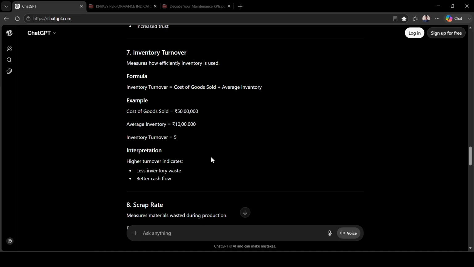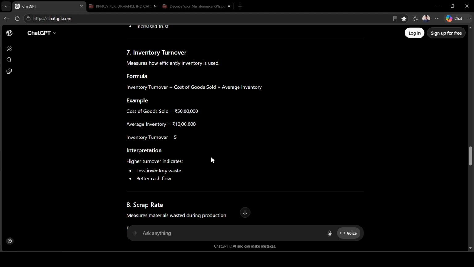Another KPI is inventory turnover. It measures how efficiently inventory is used. Formula: inventory turnover equals cost of goods sold divided by average inventory.